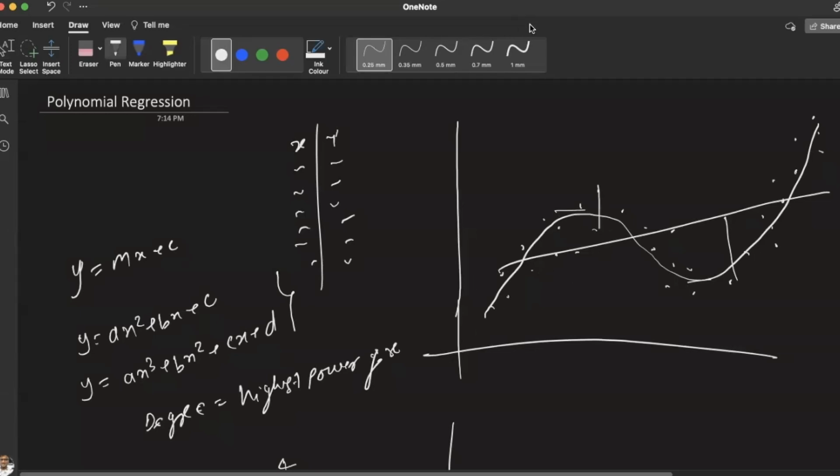Or if you simply create a model like this that goes through each and every data point, there will be a lot of critical points, but we don't want that. That will be very, very specific to it. We never want it. This is something we call overfitting, right? So we don't want that.